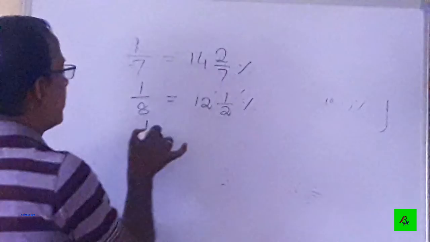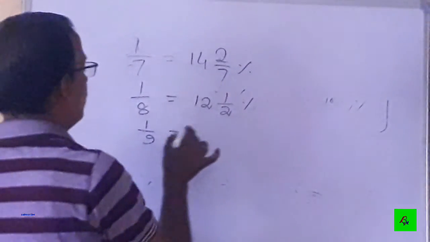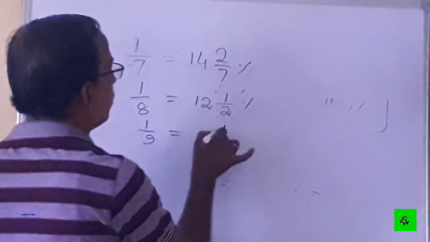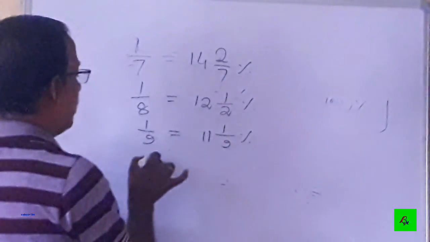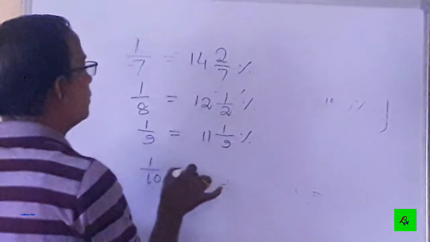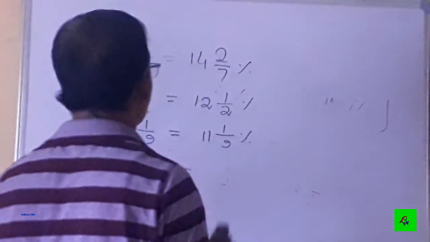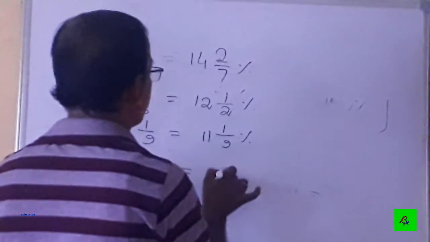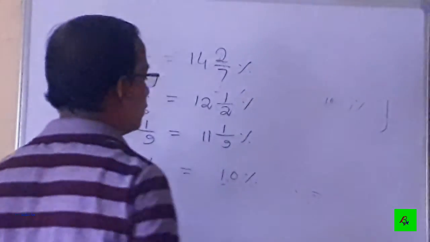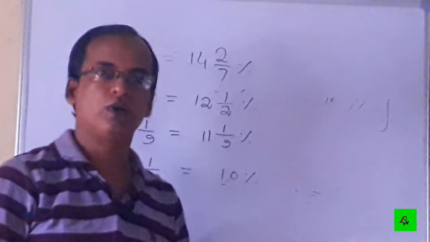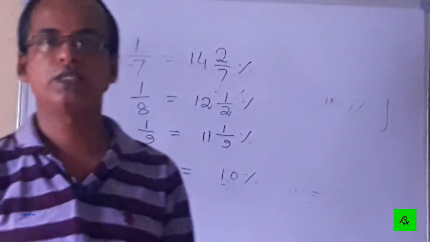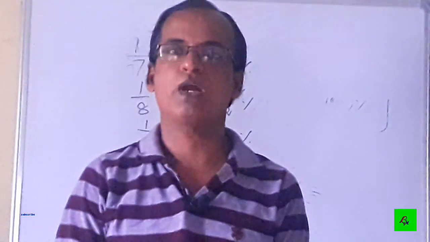Similarly, 1 by 9 equals 11 whole 1 by 9 percentage. Then 1 by 10 equals 10 percentage. So this is the method to convert fractions into percentage and percentage into fractions.